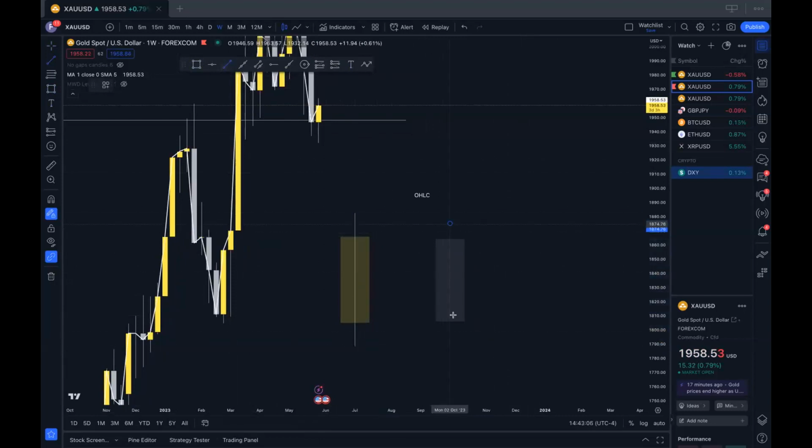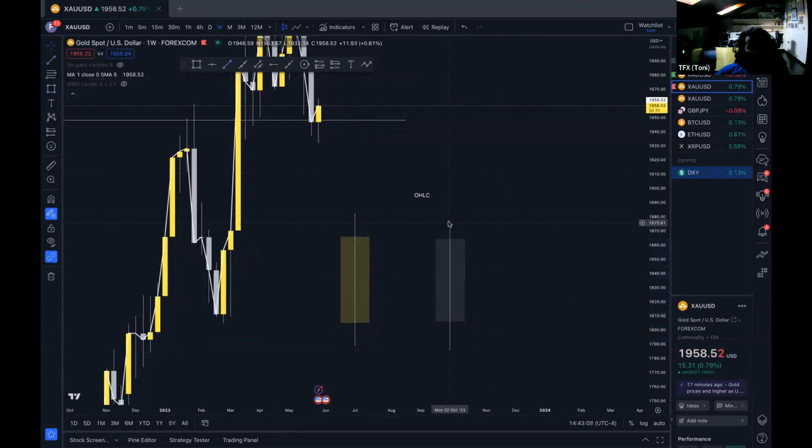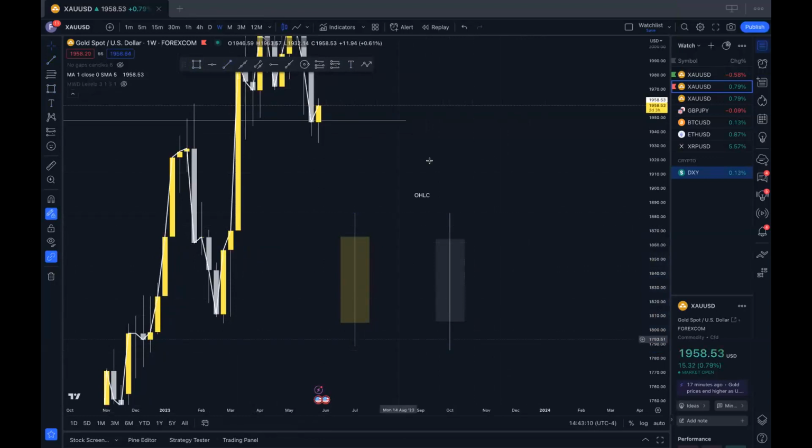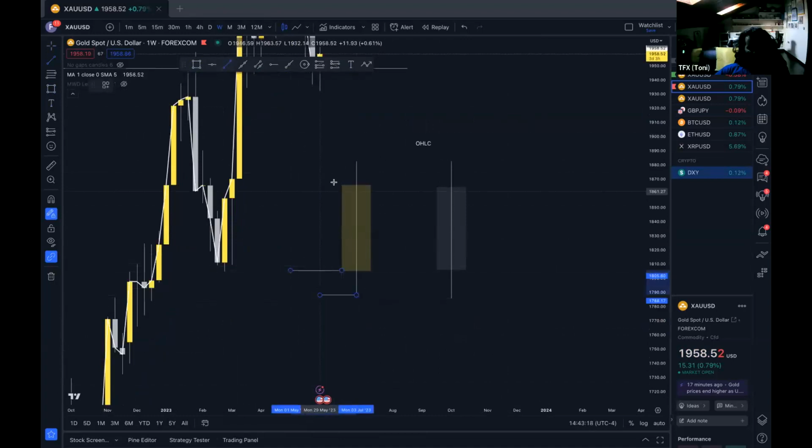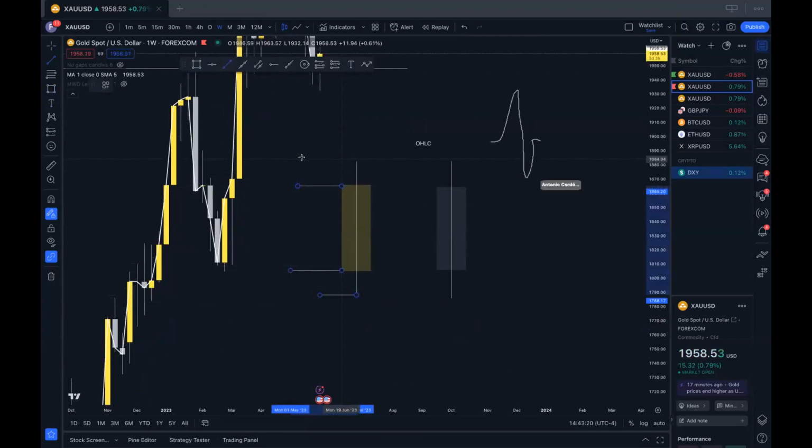Yes, go ahead. The yellow one or the black one? Let's go with this one. How is the candle formed? What needs to be formed first?